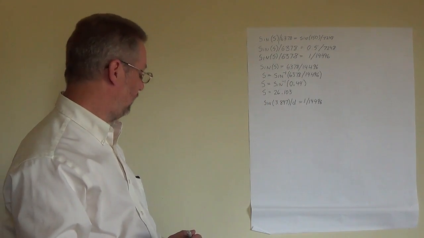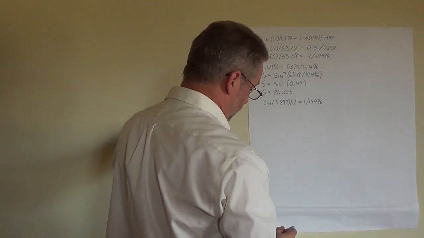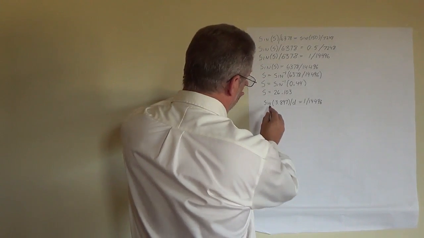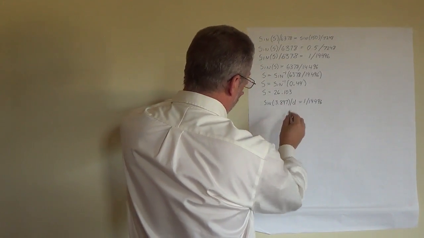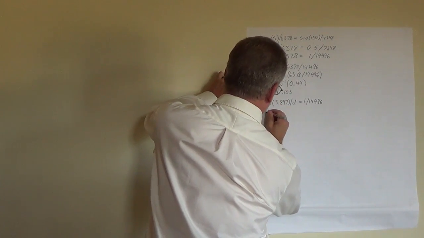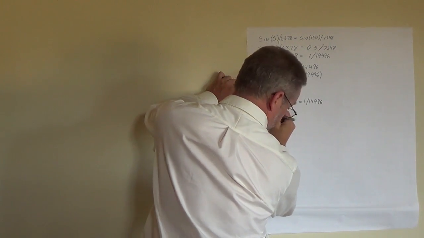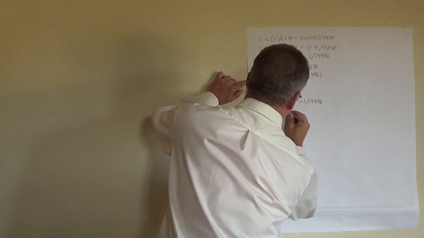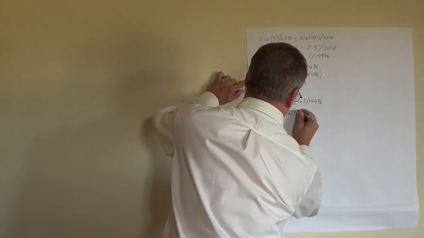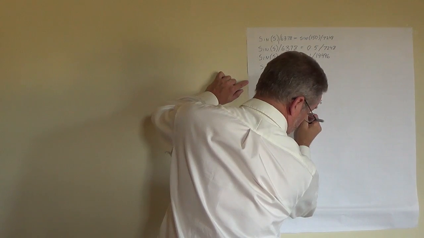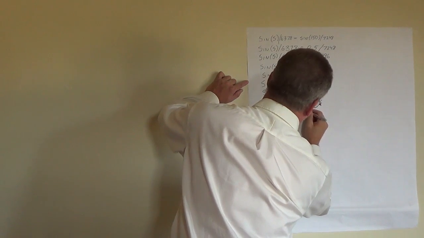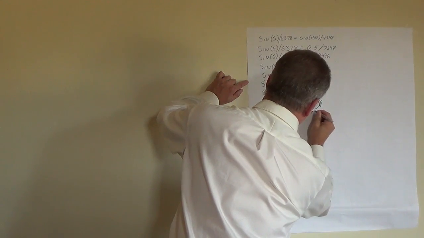That's not hard. So let's take it to the next step. From there, we can say that since we can multiply this out, D is equal to the sine of 3.897 times 14,496.